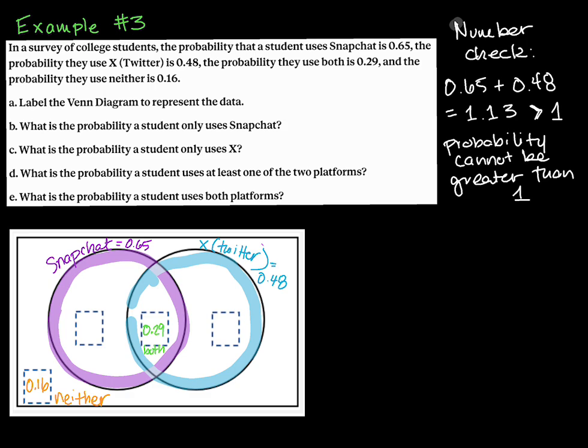So now, since we do have the intersection, which is both, we can find the probability of using Snapchat only.